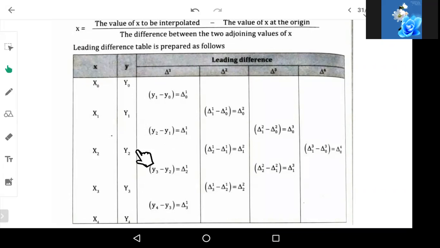Then y3 minus y2 gives the next difference, and y4 minus y3 gives the next. So from 5 data we have come down to 4. There are 4 data available, so this column is called the first leading difference. Are you all able to follow?